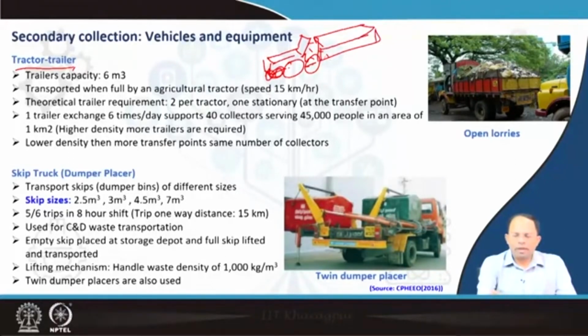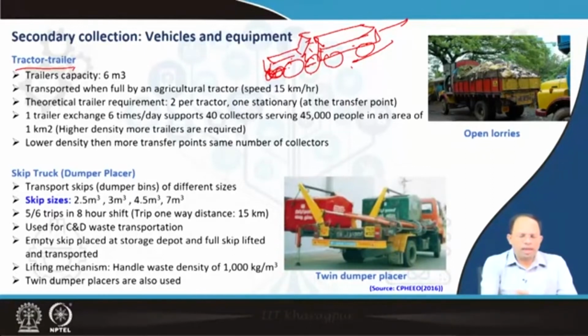This trailer is loaded, and for every tractor there could be multiple trailers. One trailer remains waiting at the secondary storage point, and the tractor comes in, puts down the empty trailer and takes the loaded trailer to the landfill site, unloads it, and again brings back the empty trailer. So that's what goes on.